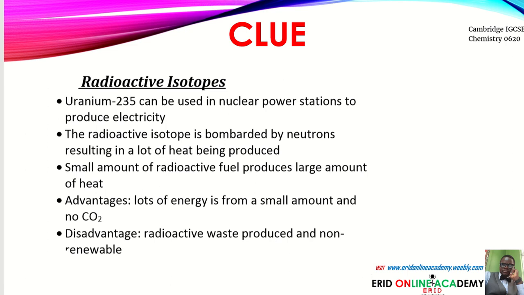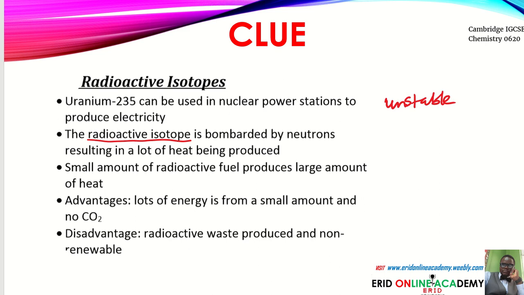Also try to recall what radioisotopes are. Radioisotopes are radioactive substances. Radioactive substances have unstable nuclei. It's very key that you remember that. That simply means that the nucleus of a radioactive substance disintegrates continuously.